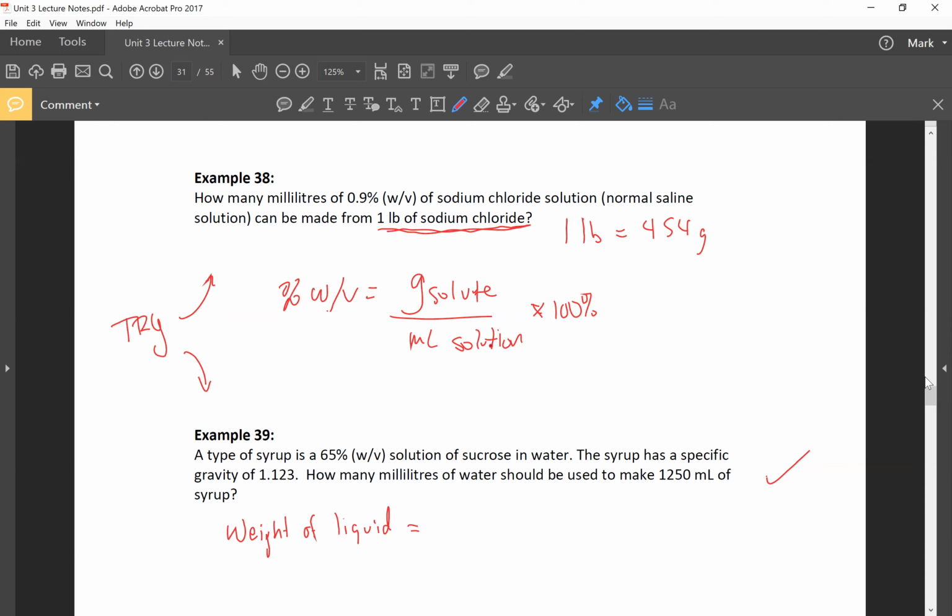I haven't done this one yet. I'm going to wait for you guys to do it, but you might need this: equal volume of water times specific gravity. Sorry, I'm talking to myself. So you might need that formula for number 39.